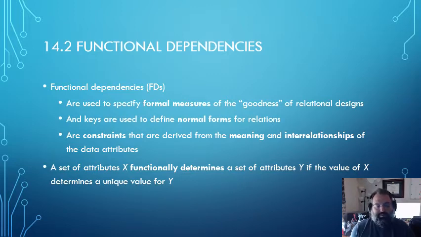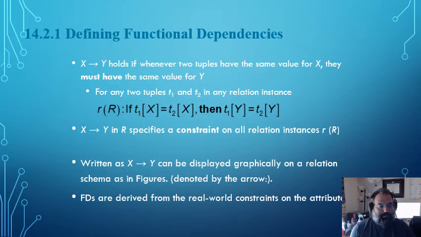A set of attributes X functionally determines a set of attributes Y if the value of X determines a unique value for Y. X implies Y holds if whenever two tuples have the same value of X, they must have the same value of Y. For any two tuples t1 and t2 in any relation instance r of R, if t1[X] equals t2[X], then t1[Y] must equal t2[Y].